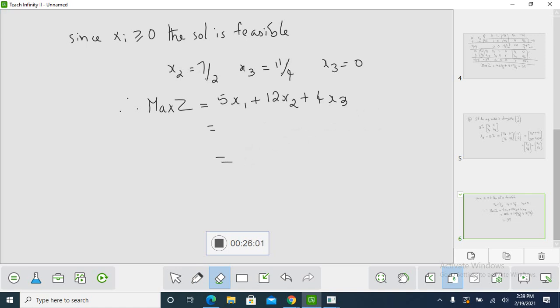So x1 will become 0. Here it will be 6 into 7, because 12 by 2 is 6, plus 11 by 4 into 4 is 11. 6 sevens are 42, 42 plus 11. The value alone changes, but the solution still remains feasible. Hence, this is the new optimal solution.